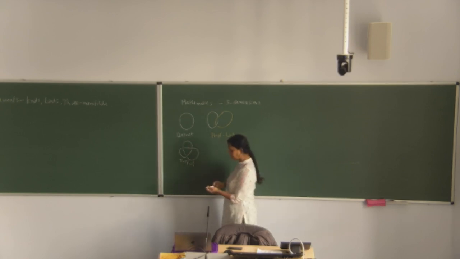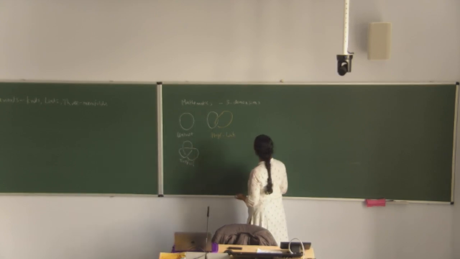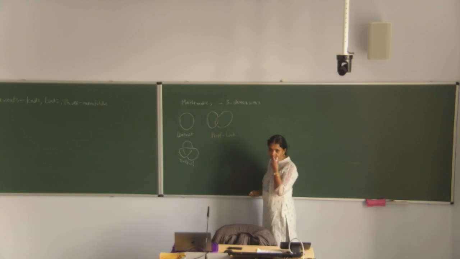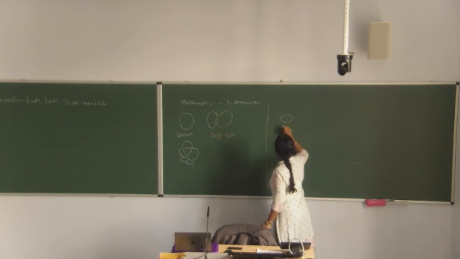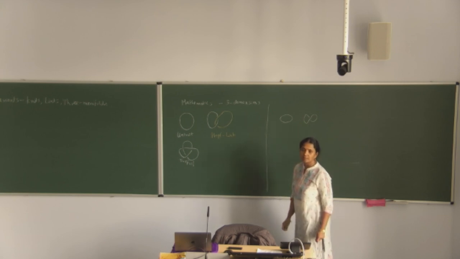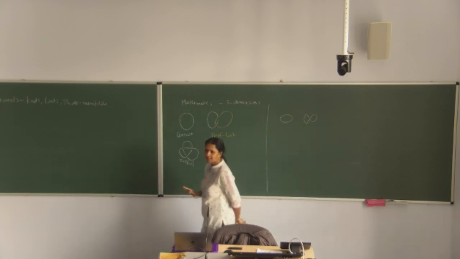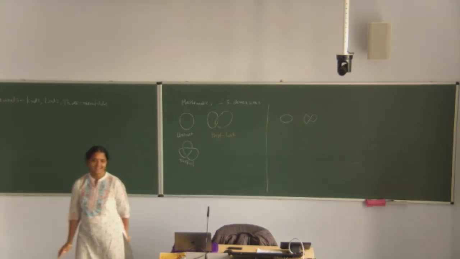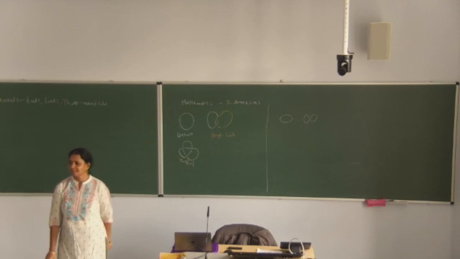For example, if you are saying that I am going to be on a 2-dimensional board only, then this curve and this curve, if I say that I am the ant on the board, are distinct.